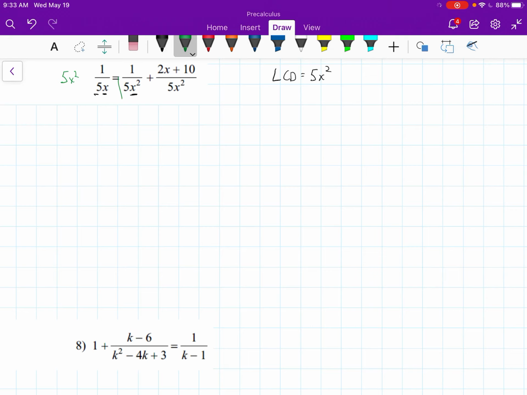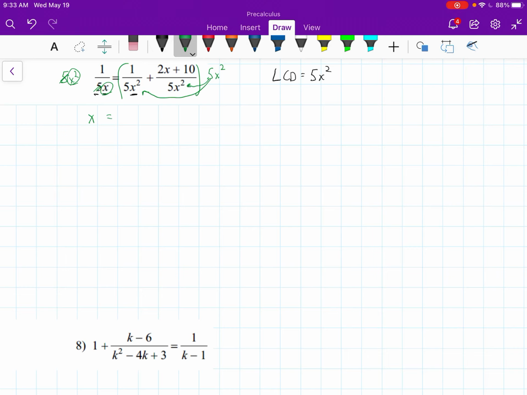On the right side here, we have to put parentheses because this is going to get distributed. On the left side, 5x squared times 1 over 5x, the 5 cancels, and one of the x's cancels with one of those x's. So on the left, we're left with an x. On the right, this gets multiplied by both, and it is the common denominator.